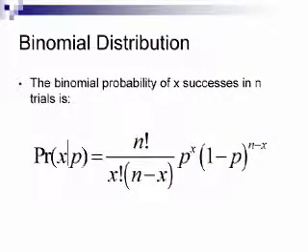If we denote the probability of x successes, where a single event has the probability p of occurring, as the probability of x given p, then the probability of x successes is n factorial divided by x factorial times (n minus x) factorial, all times p to the power of x, times (1 minus p) to the power of n minus x. Let's illustrate this with an example.